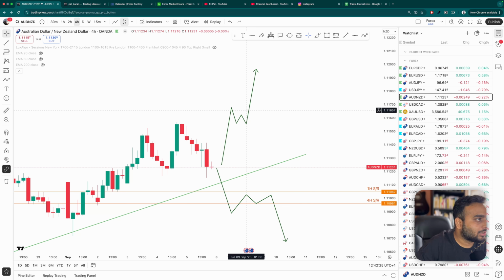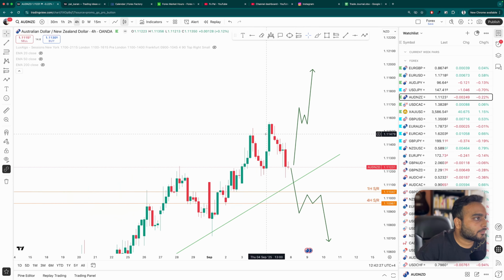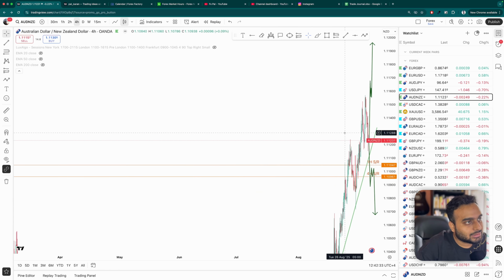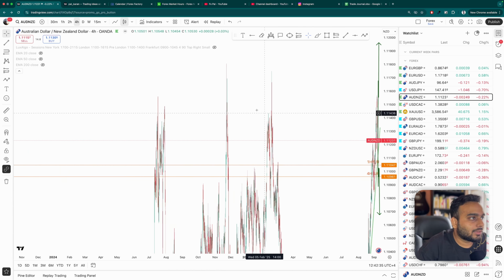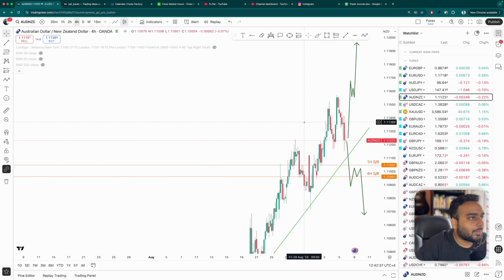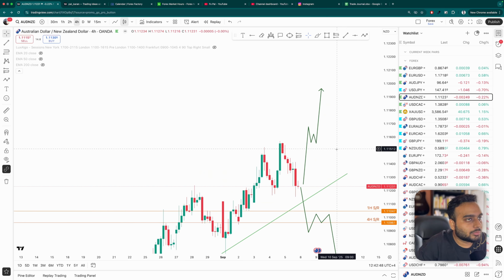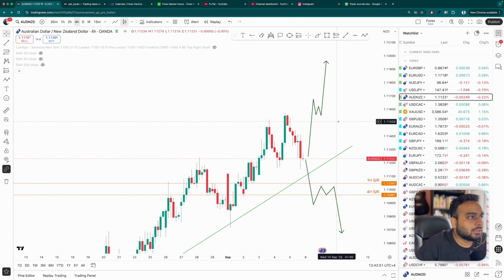And around this area I like to buy. Rather than here, I would prefer buying here. Mainly the reason is this is a rejection area, right? So even if I buy from right here, I can see a reversal from here. Waiting for double confirmation is much better than losing the trade.